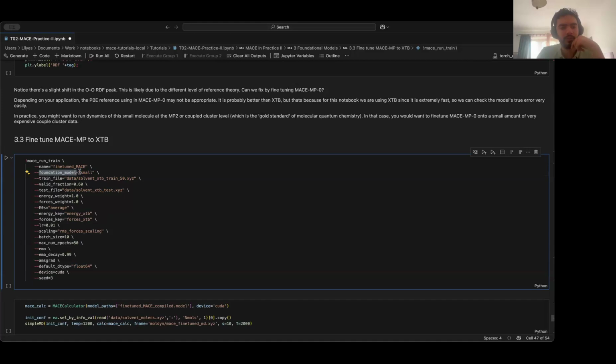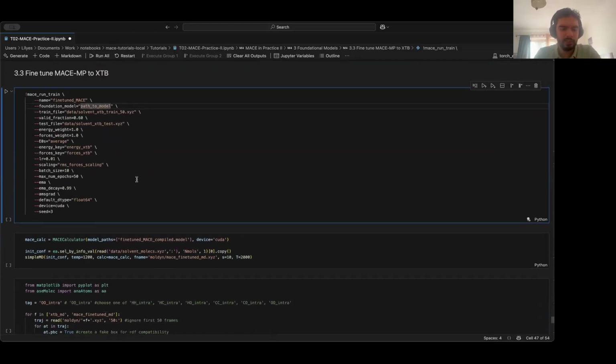If you specify the foundation model here, either you give it the name, so small, medium, or large, and if it's a custom foundation model or one you've downloaded elsewhere, you need to put the path to the model here. And then your fine tuning training file, and this will do the naive fine tuning.